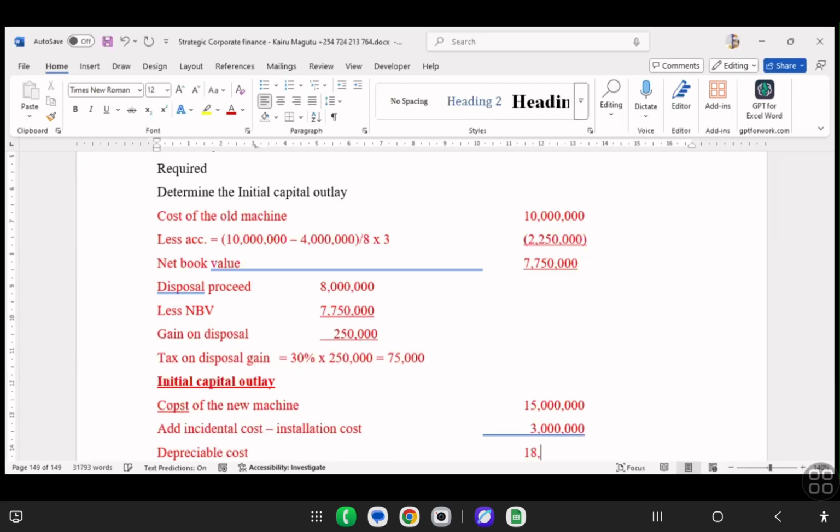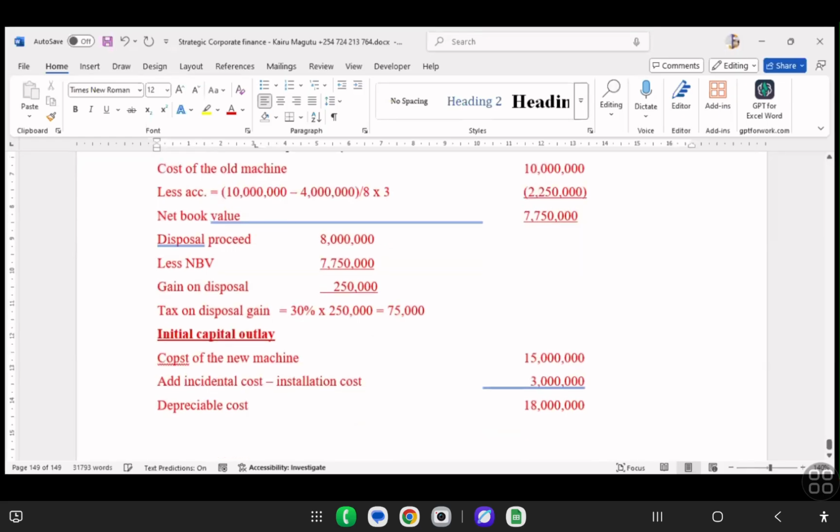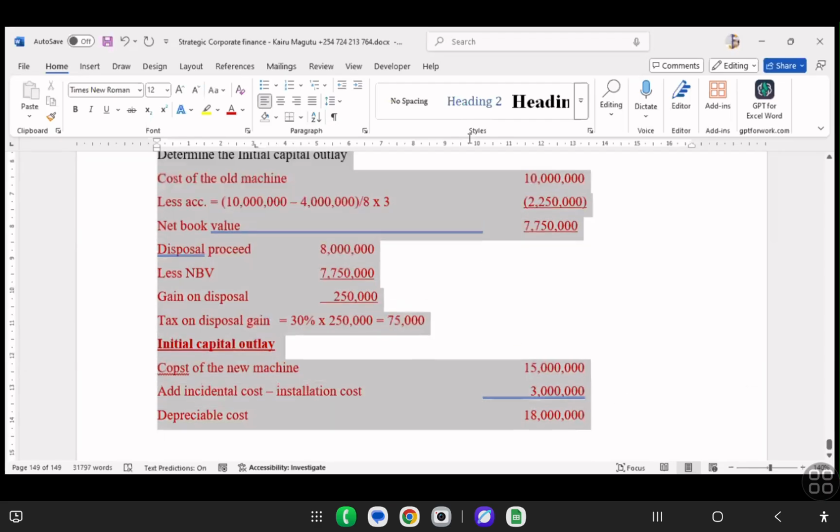This is 18, if I'm not wrong. We say that we will dispose of the old machine.